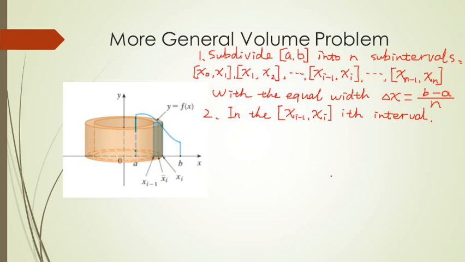We used some special notation when we discussed the quiz question from the Kehan class, but that is a special one we designed to solve those questions. Usually we use x_{i-1} to x_i to denote the i-th subinterval.